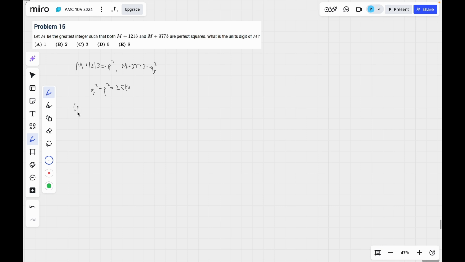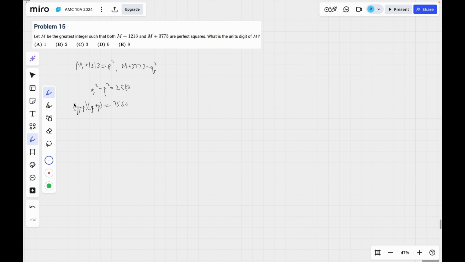Now we can factor this. Since they're integers, q minus p and q plus p must have the same parity. And also, since they're both positive, q plus p is greater than q minus p.